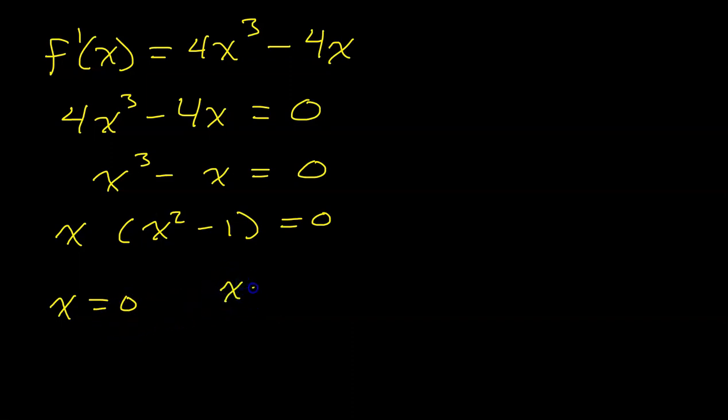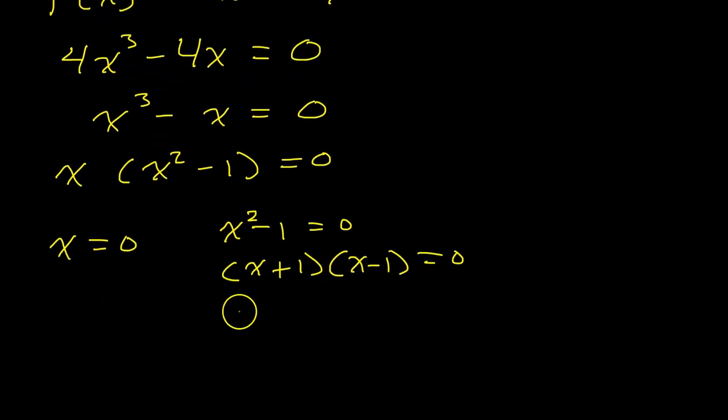If I set x squared minus 1 equal to 0, this is the difference of two squares. So I can factor this as (x plus 1) times (x minus 1), which is going to give me x is equal to negative 1 and x is equal to positive 1.